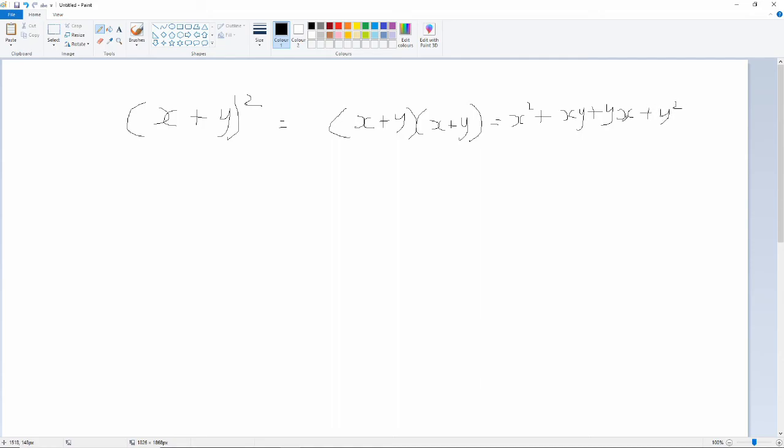But x times y is the same as y times x, so this can simplify to x squared plus 2xy plus y squared.